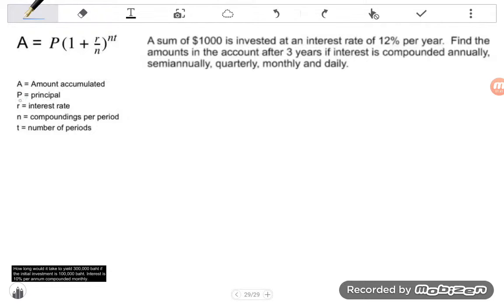P is the principal, which means how much you started with. This is the initial value. If I started out by saving 1,000 baht, then P is equal to 1,000. If I started out saving 5,000 baht, then P is 5,000. So P is basically your initial value.